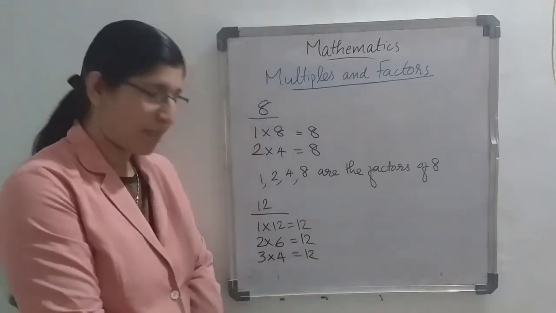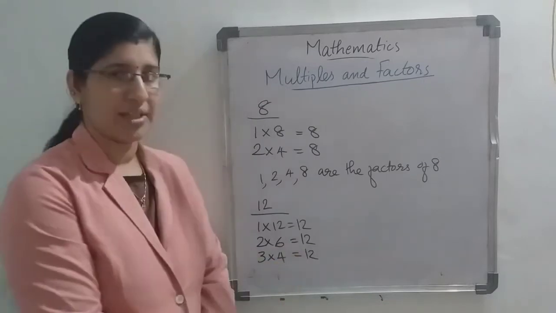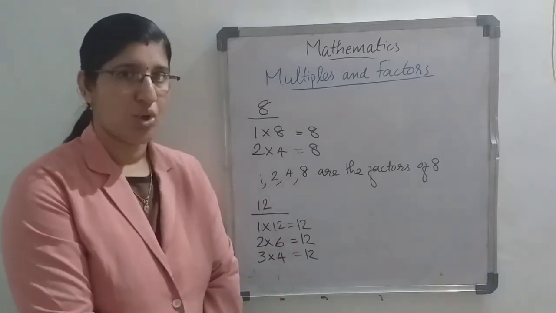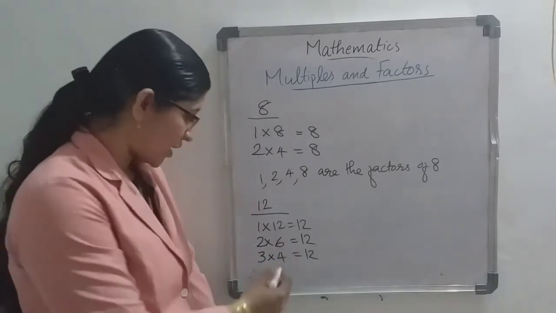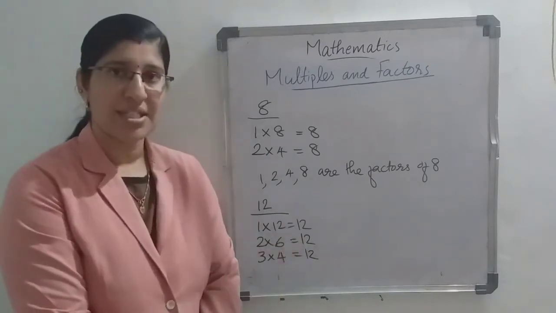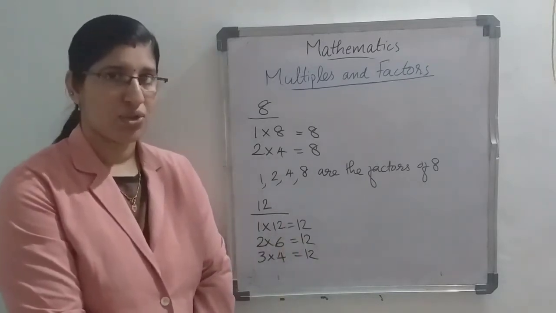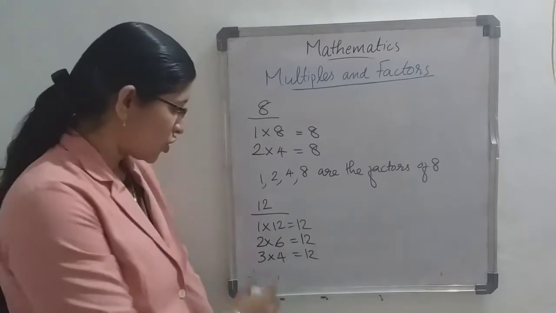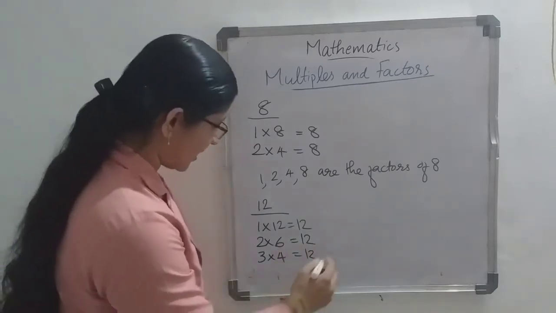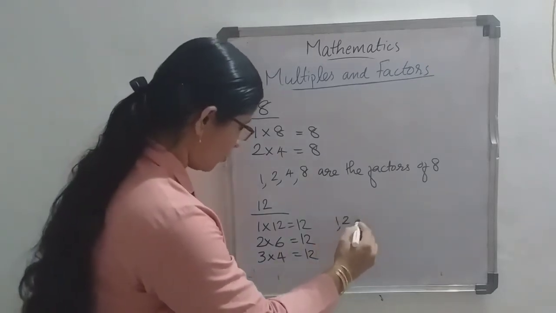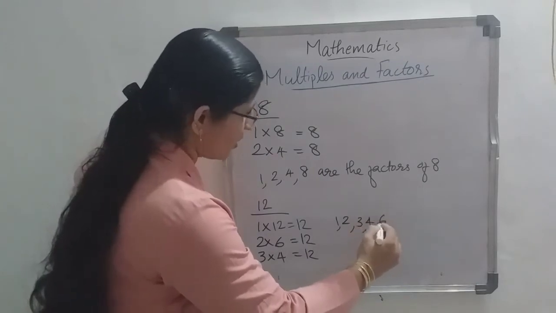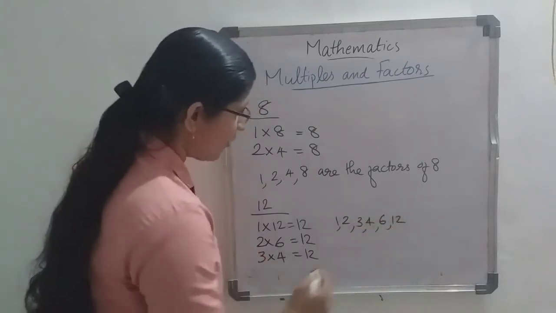Then 4's table, 4 3s are 12, already written. 5's table, no. 6's table, 6 2s are 12, already written. 7's table, no. 8, no. 9, no. So it is over. We can say that 1, 2, 3, 4, 6, 12 are the factors of 12.